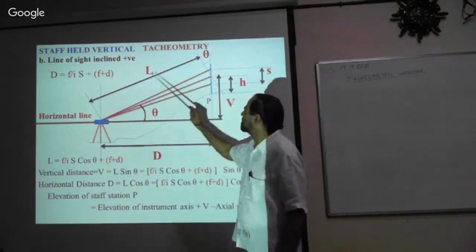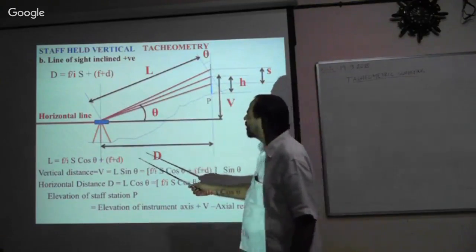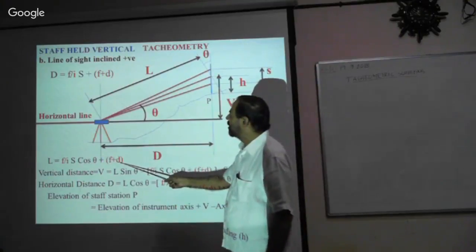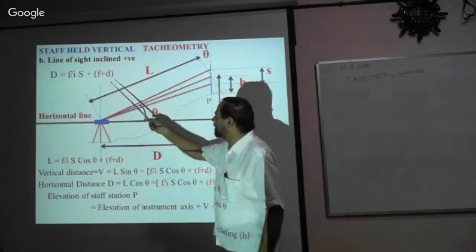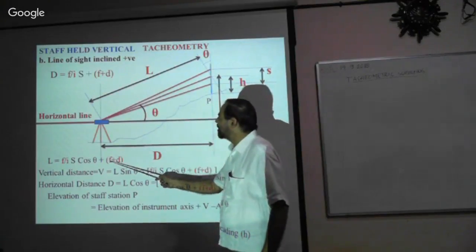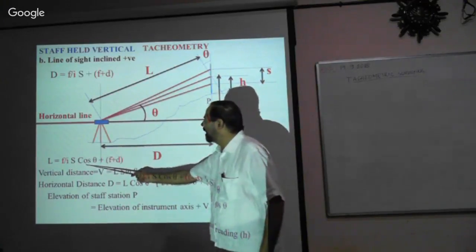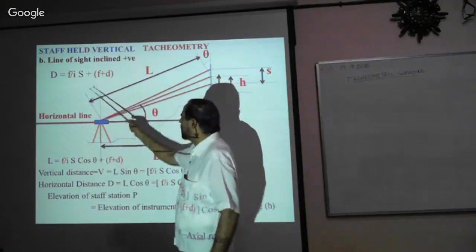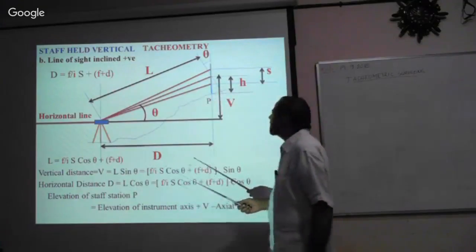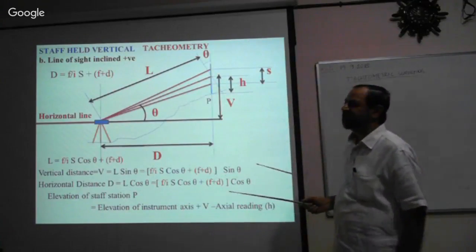Therefore L is equal to F by I into S. Same equation, but S is modified here: S becomes S cos theta.